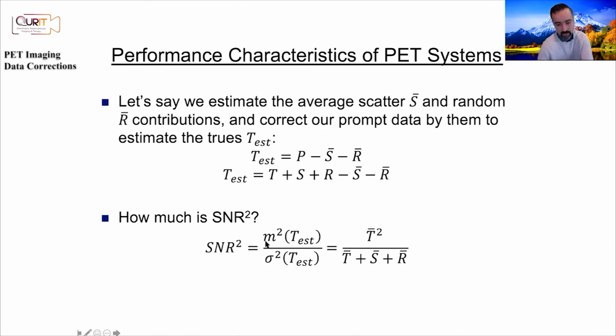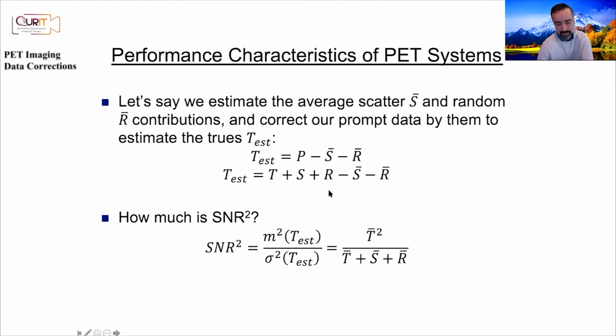But how much is the signal to noise ratio squared? Going back to that same formula, what is the mean of this squared and what is the variance of this? Well, if you take the mean of this formula, remember, these are already means. Put an overline on T, overline on S, overline on R. These already have overlines, so these cancel out when you take the mean. You're just left with this term.